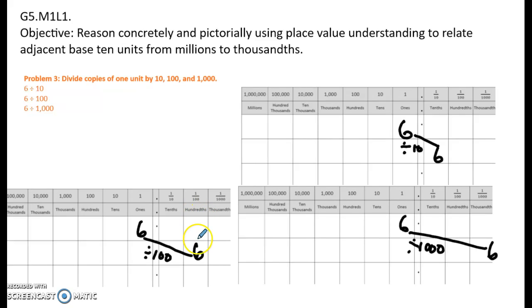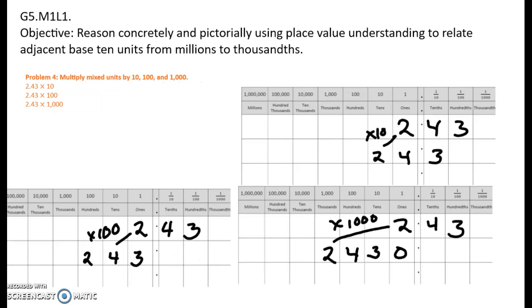And in our final example, 6 divided by 1,000, we get 6 thousandths, and 6 thousandths is 1/1000th of 6.